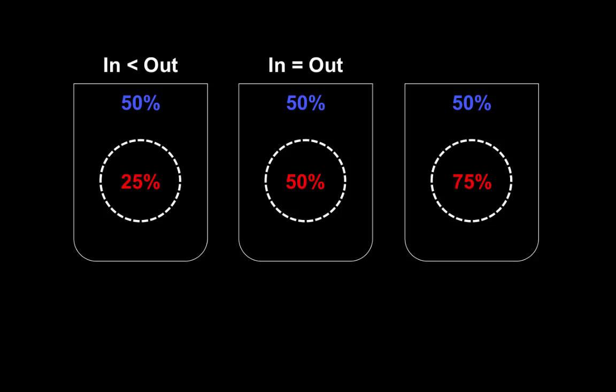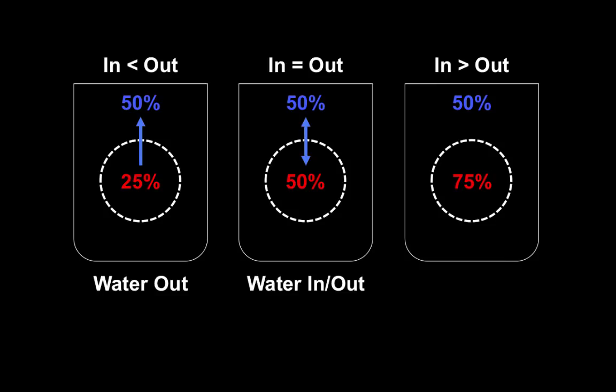In the second one, they're equal, and in the third one, there's more salt inside. So remember, water goes to the bigger number, which means in number 1, the water moves out. In number 2, the water is going to move in and out at the same rate because they're equal. And in number 3, the water is going to move in.